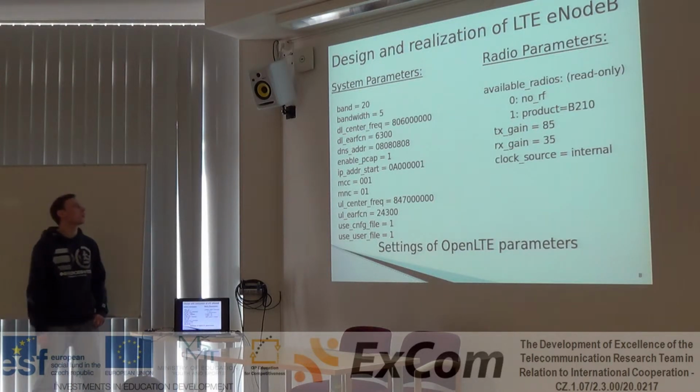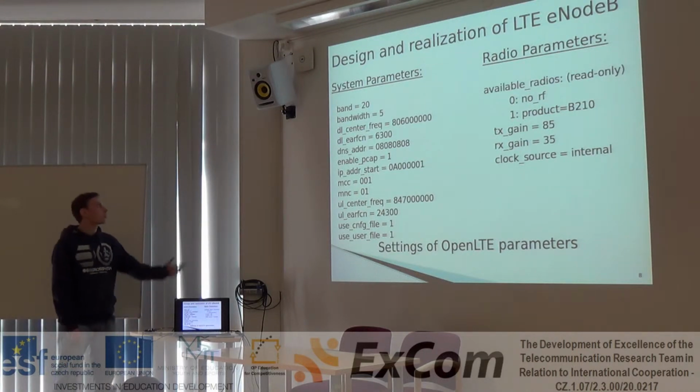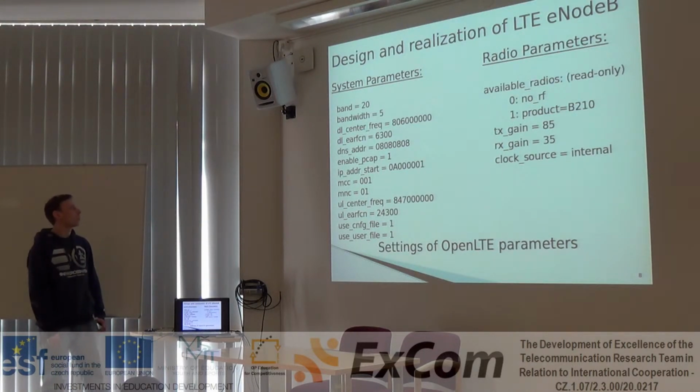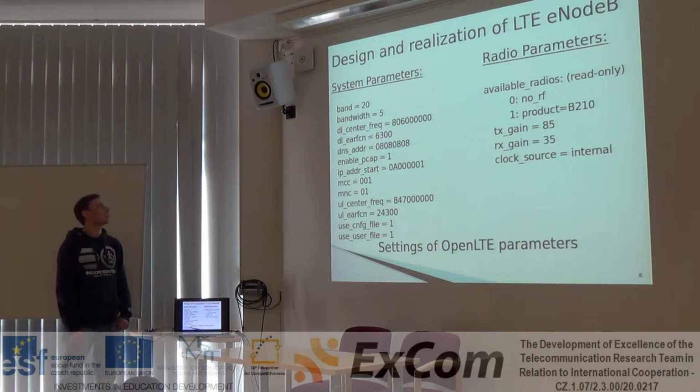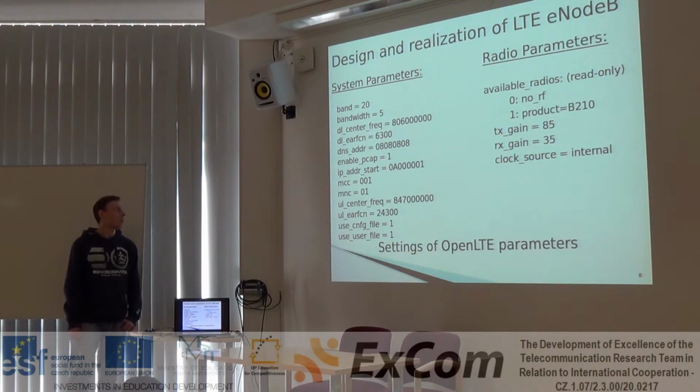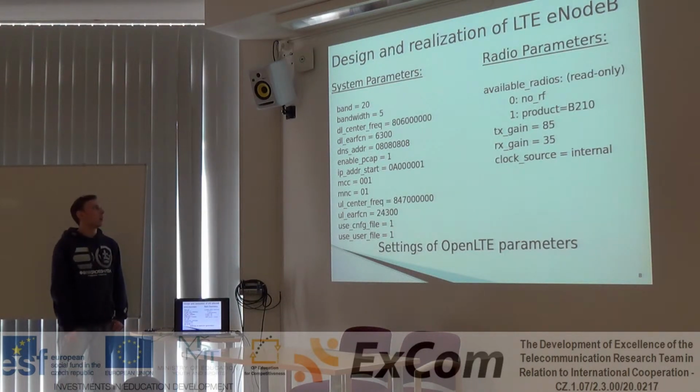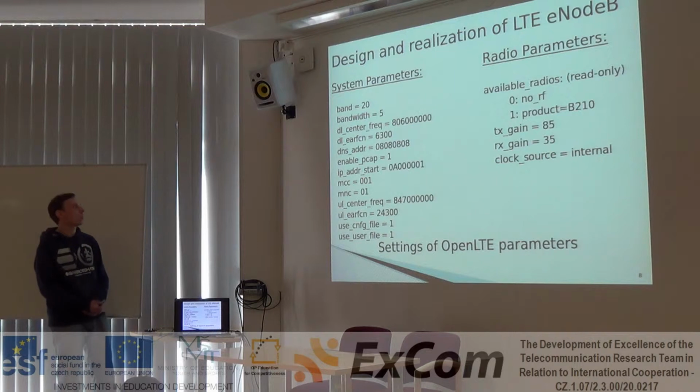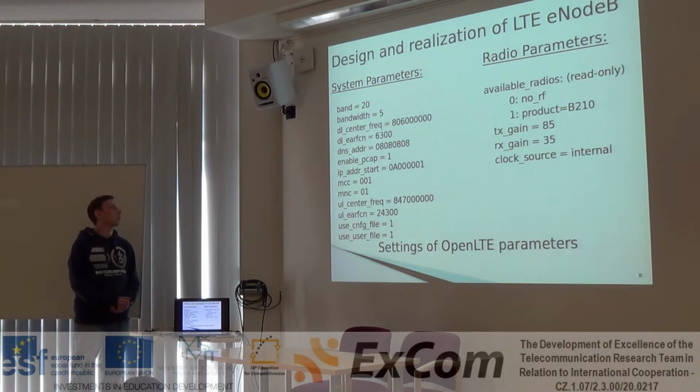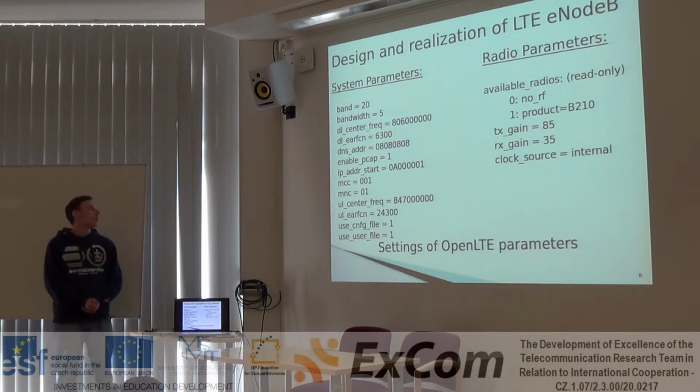There is the configuration of OpenLTE itself. On the left side you can see the configuration of the LTE parameters, such as which UMTS band we will use, what bandwidth, what frequency, what DNS address. If we want to capture the packet communication, we can enable PCAP, or we can use Wireshark Live, so we can capture it on the go.